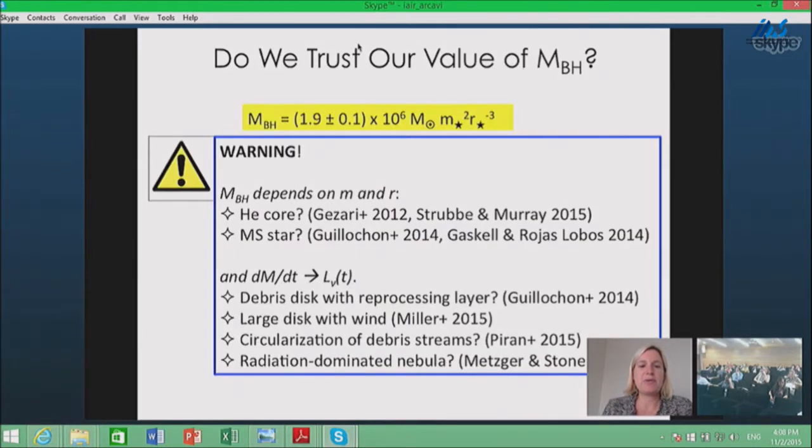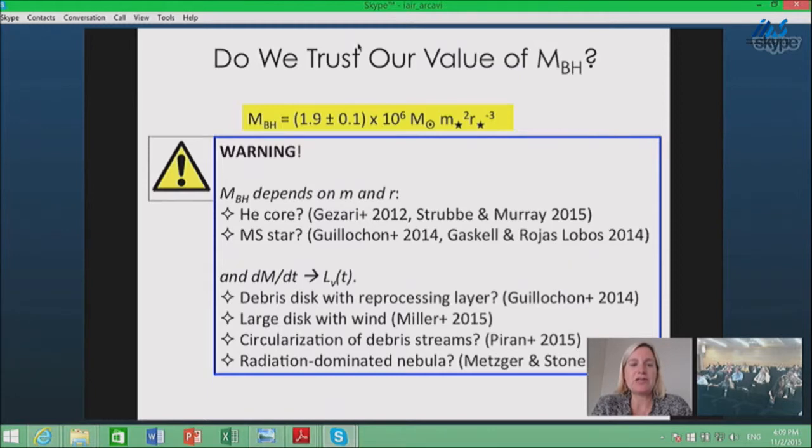So the question is, before we get too excited, can we really trust this black hole mass? Well, there are a lot of details that have emerged as theorists have been thinking about this more carefully, and there are some basic issues where the most simplistic theory of this fallback accretion forming a disk around the black hole, with a size close to the tidal disruption radius, doesn't really fit our observations.